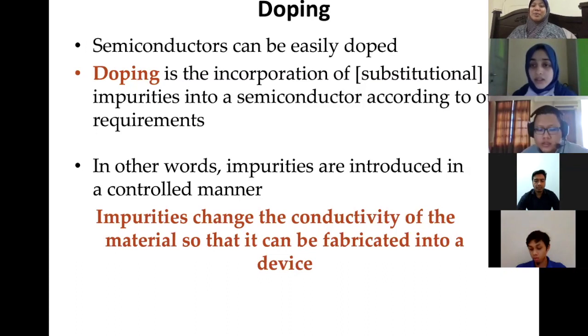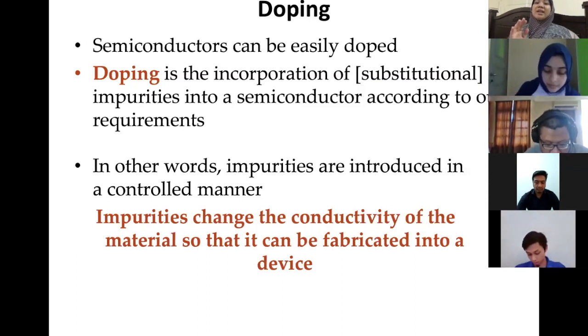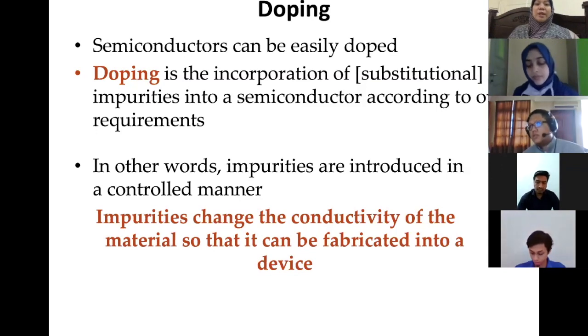Okay, that is the most important thing. Why we dope is for us to control. We engineers, we like to control, right? If we cannot control anything, we cannot do anything. So the first thing is to understand, second is to control. Then we can design. If we know but cannot control, there's no point. We cannot design anything, we cannot develop anything.